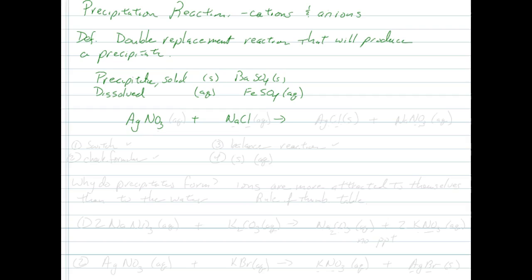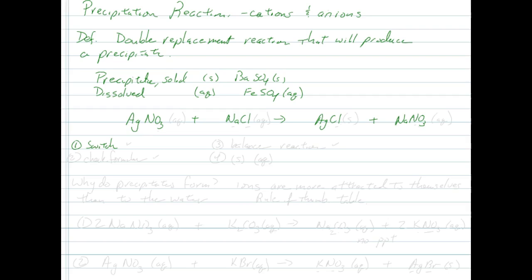You got to switch places. AgCl plus NaNO3. So step one is switch places. Double replacement reaction.